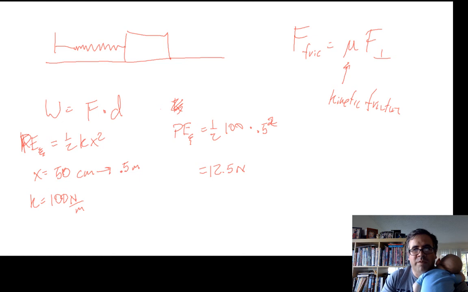It'd be nice to compute the force of friction. That'd be easy, except your problem doesn't really detail the mu. So the force of friction is kind of a mystery at this point, right? But that's not the worst thing in the world.